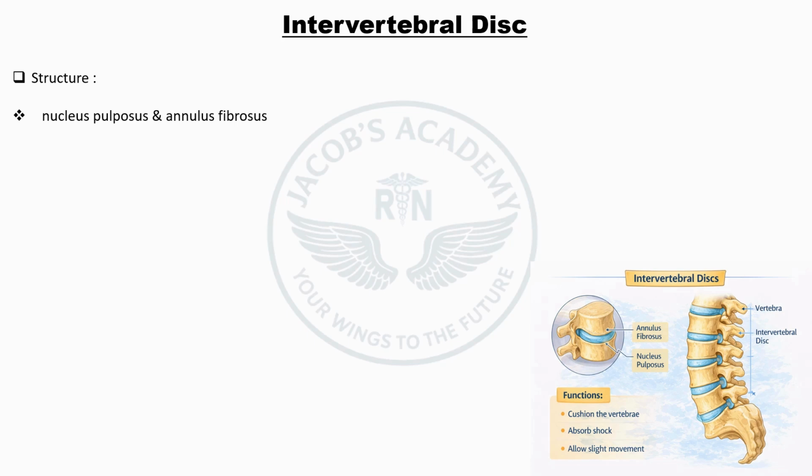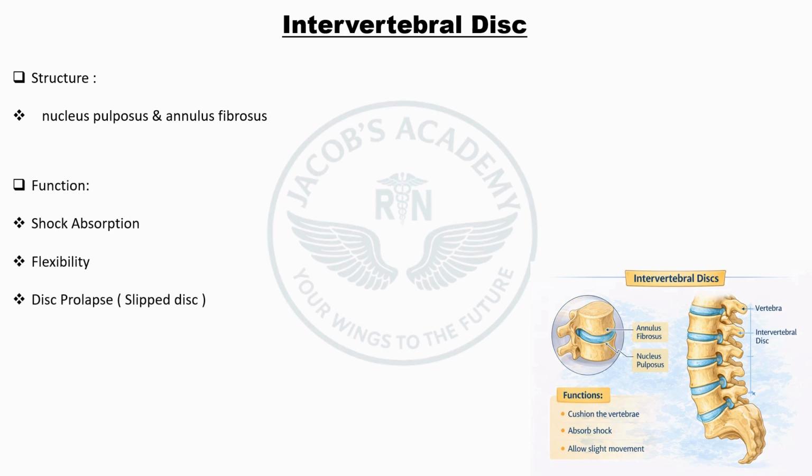It is a soft gel-like structure that acts as a cushion between the vertebrae. Together these 2 parts help the disc to withstand pressure during movement and weight bearing activities. So now let us look at the functions of the intervertebral disc.